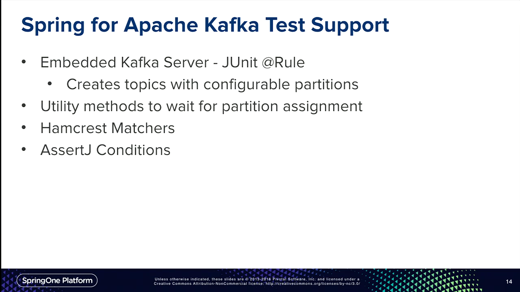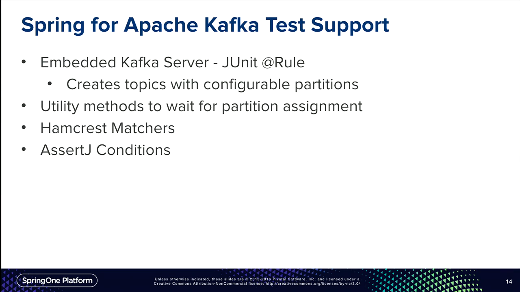There are also some additional utility methods. For example, one of the issues with testing, whether unit or integration testing with an external broker or even an embedded broker, is timing, right? We want to send some messages to a topic and verify that we received them, and if you do it too fast, then you won't get them.